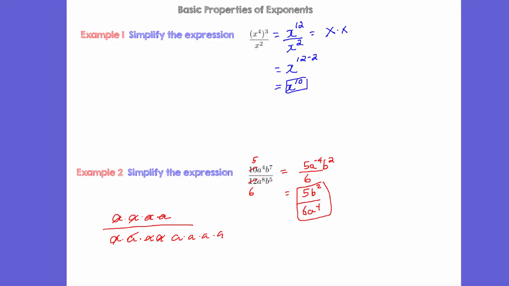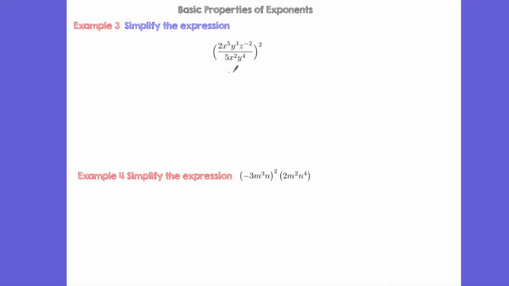Our third example here. Okay, now there's a lot of ways you can do this one. Let's simplify the expression. We've got a whole lot going on in here. X, Y, Z, X, Y, no Z. And that's all being raised to a power. You could do the power first and simplify. I usually go inside first and try to simplify.